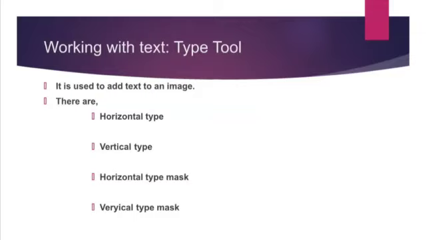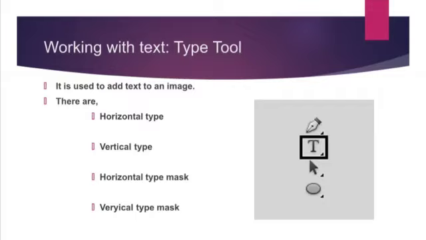The horizontal type is used to create text horizontally on an image. The text will be filled with a specified color, and vertical type is used to create text vertically on an image. The text will be filled with a specified color. Then the horizontal type mask is used to create text horizontally on an image.